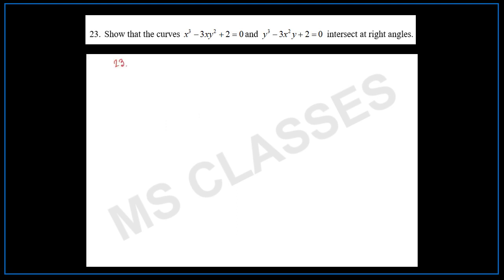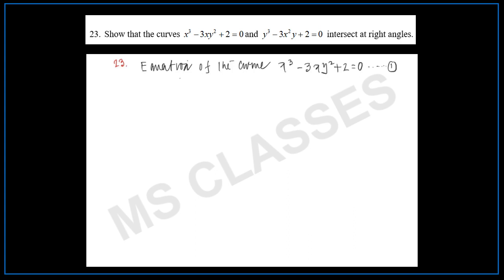Equation of the curve: x cube minus 3xy square plus 2 equal to 0, as equation 1.